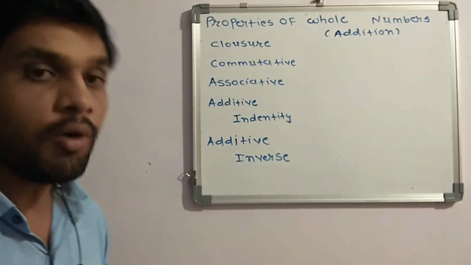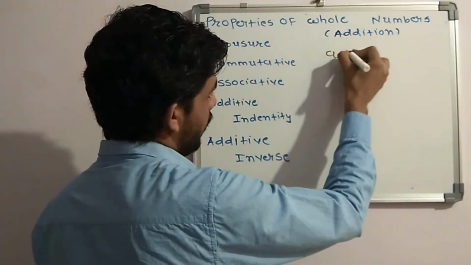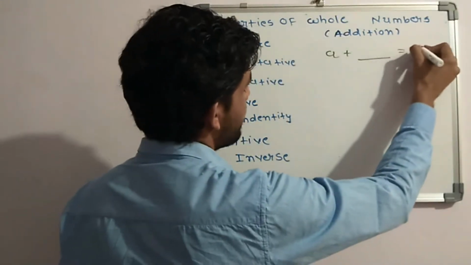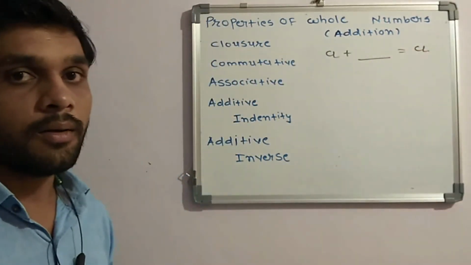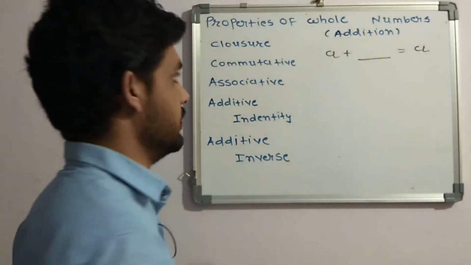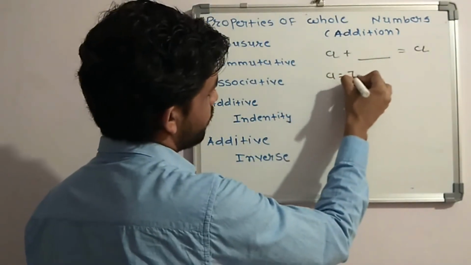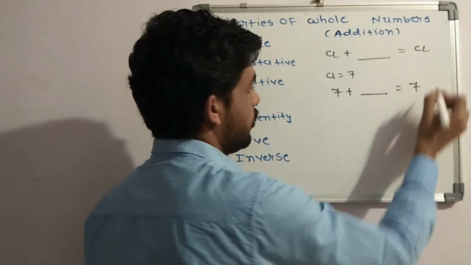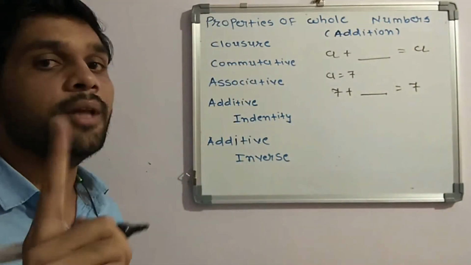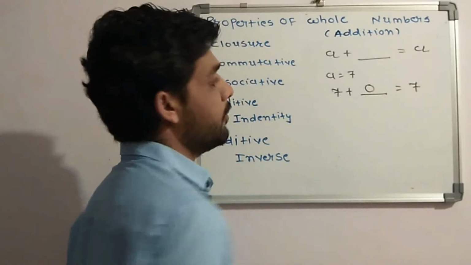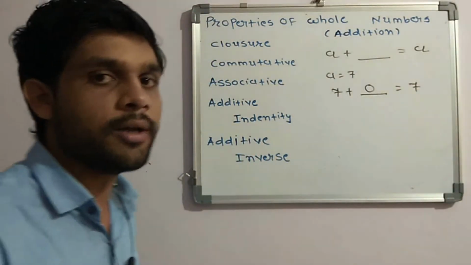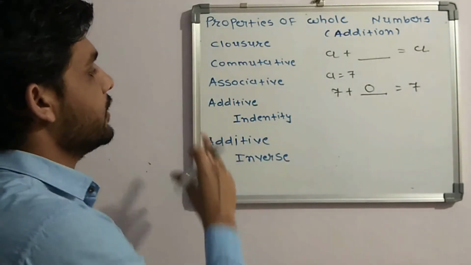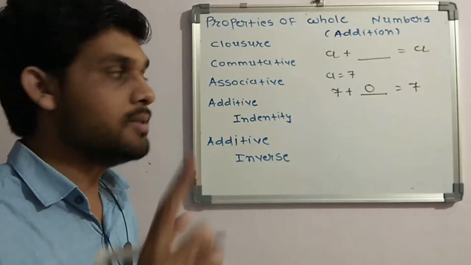That means if suppose I have a whole number a, I have to add something to this whole number, and from that I get the answer again as that same number. Did you understand? Let's understand with an example. If suppose a is 7, then I have to add some number to 7 such that the answer is 7. So which whole number can we add to it? That is 0. That means if we add 0 to any whole number, our answer is the same whole number. So from this we can say that the additive identity is 0.